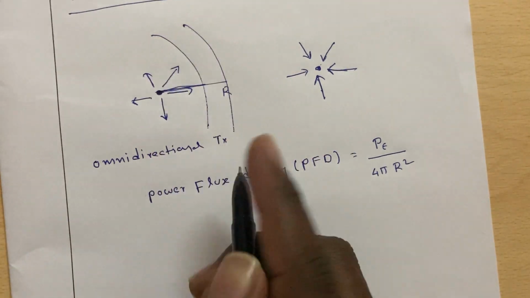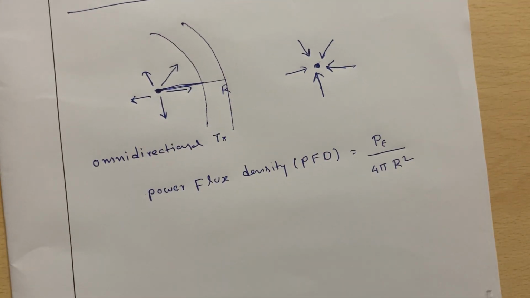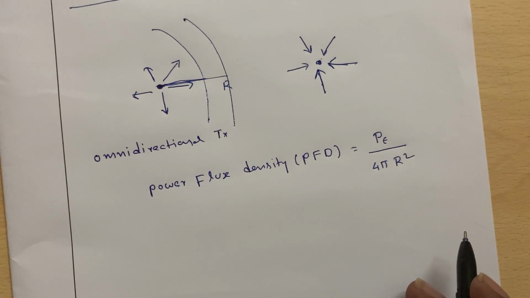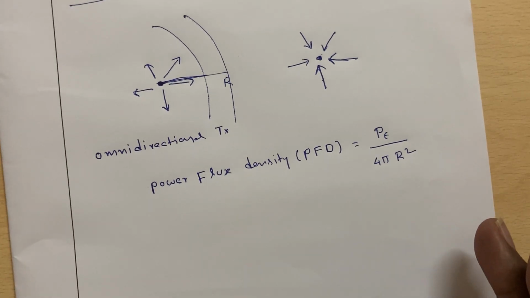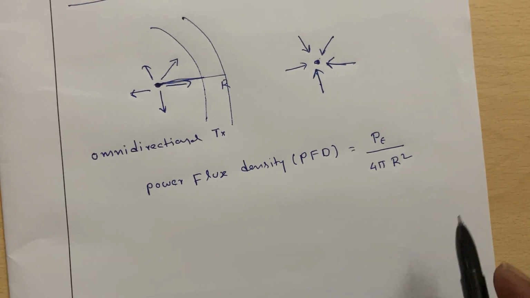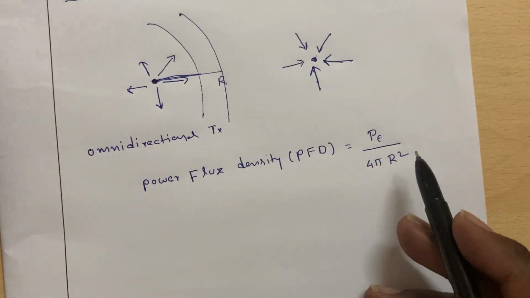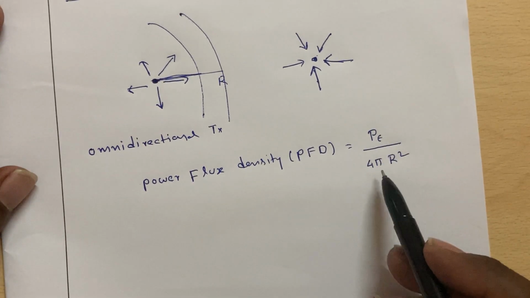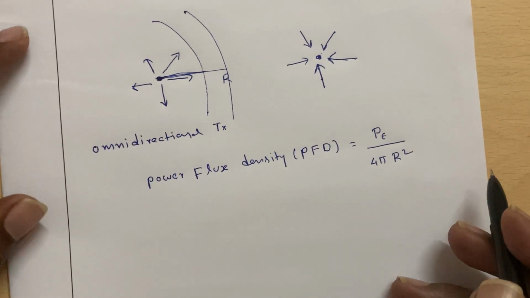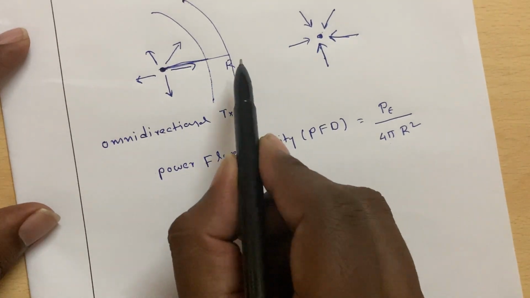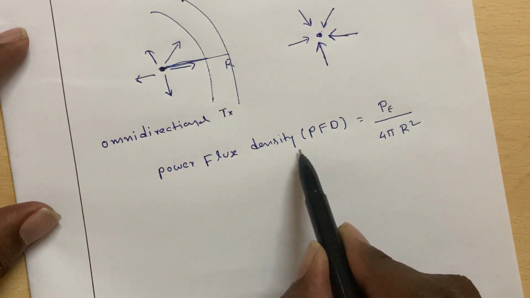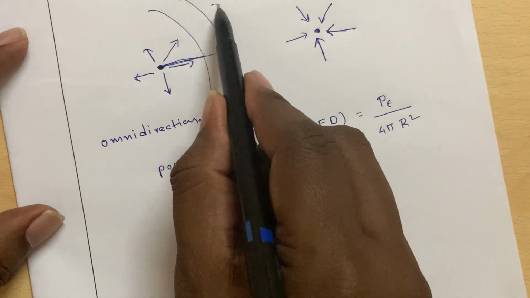It means that at this distance r, you have to consider a three-dimensional sphere of radius r. Then what will be the power flux density on its surface? It encloses the power PT, so on its surface the power flux density is PT by 4 pi r square. And how much power flux density is striking the receiver?